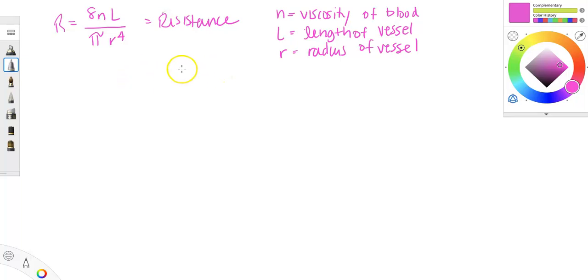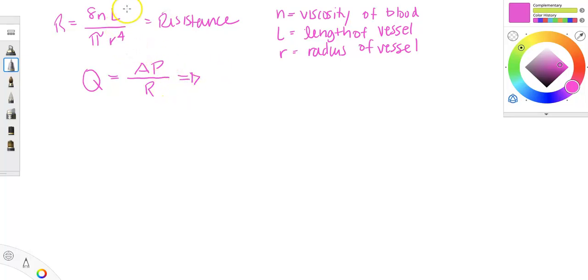So flow rate, or what we call volume flow rate, is denoted by Q. And Q, the flow rate, is basically the difference in pressure over the resistance.